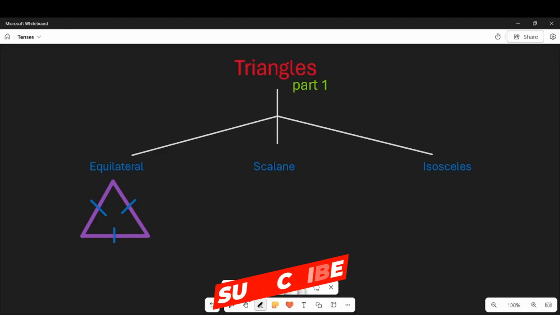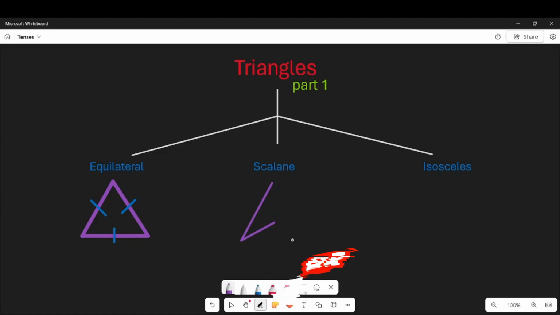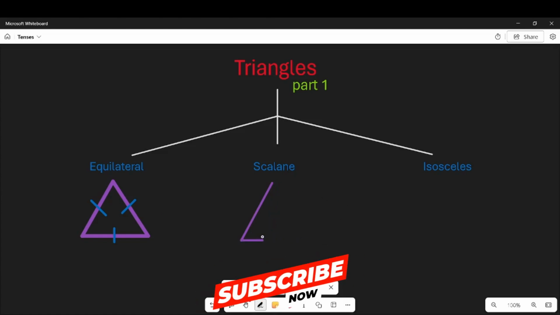Now let's move on to a scalene triangle. A scalene triangle is a triangle where the 3 sides are completely unequal. I'll just draw that. All the 3 sides are completely unequal. So this is 1, this is 2, and I'll put this as 3.